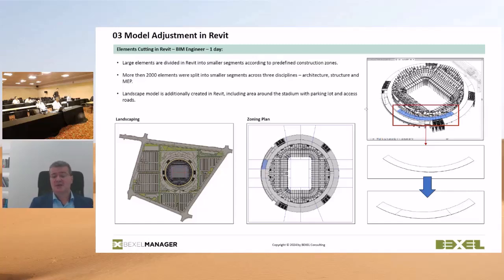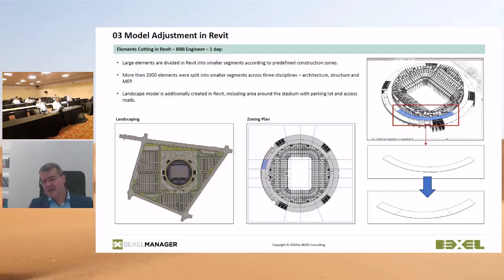For this purpose Revit was used. In Revit the elements were cut, but it's also possible to do this in Bexel Manager directly, so both options existed. In this case we chose to cut the elements in Revit, since the original IFC file existed in Revit, and I personally believe it's better to do these things in the authoring tool if you have original IFC files.